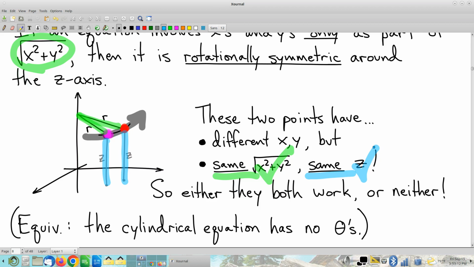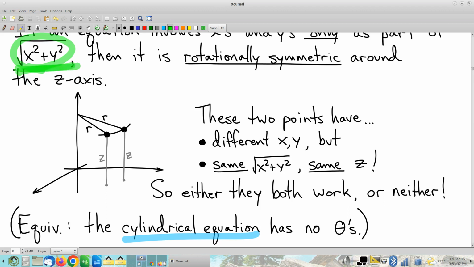Now I'm going to give you a different point of view, a different way to think about this. How would we convert an equation of this sort to cylindrical coordinates? In cylindrical coordinates, everywhere I see an x, I'm going to rewrite that as r cosine theta. Everywhere I see a y, I put an r sine theta. But I don't actually technically have to do that. I can notice convenient stuff like this, and everywhere I see this, I can just put an r.